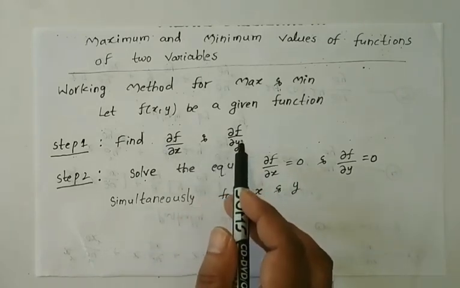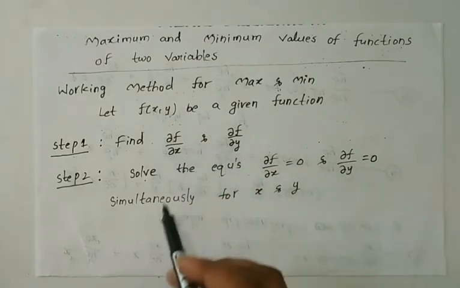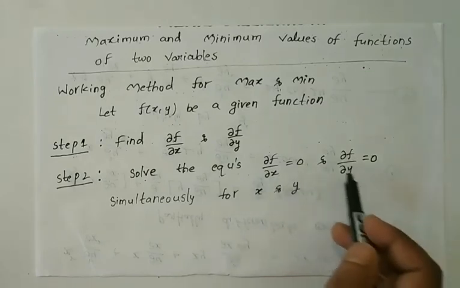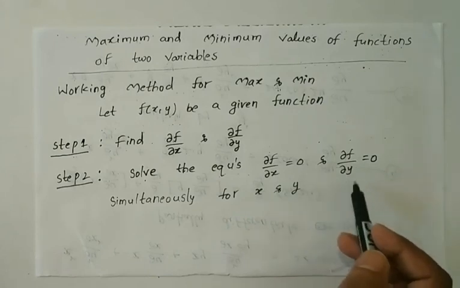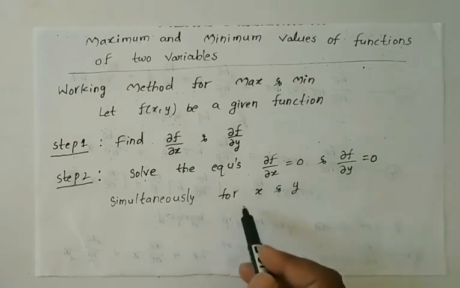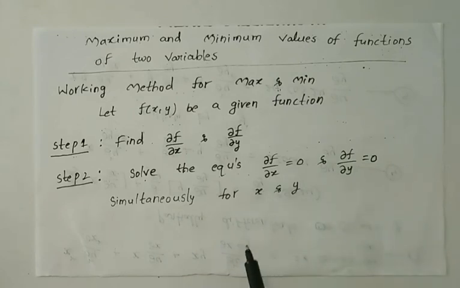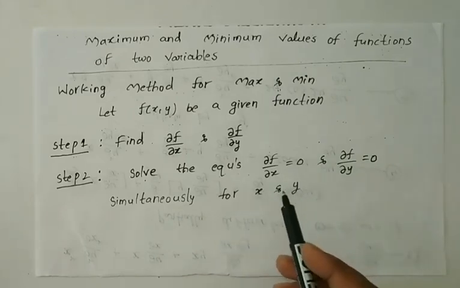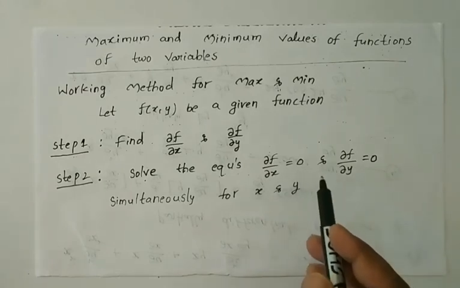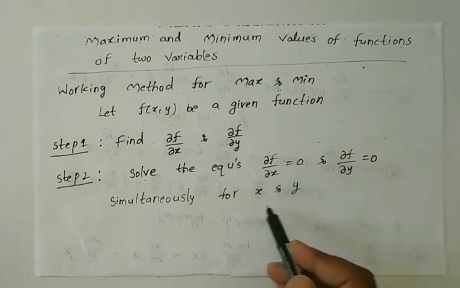In the second step, equate them to 0. That means we take fx is equal to 0 and fy is equal to 0, and solve these equations simultaneously for x and y.